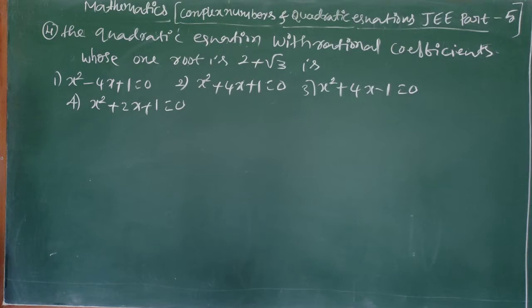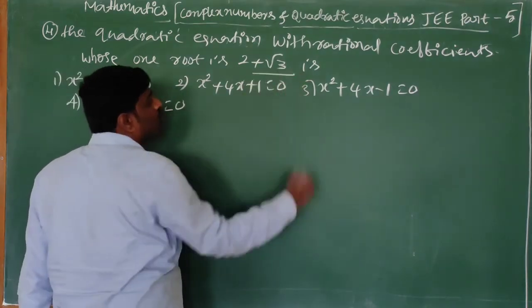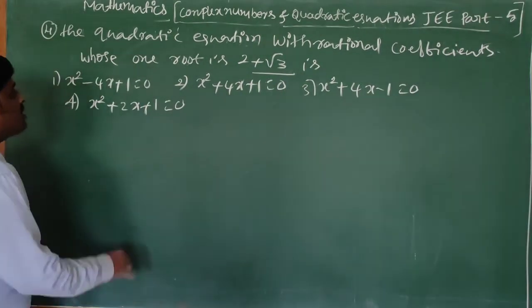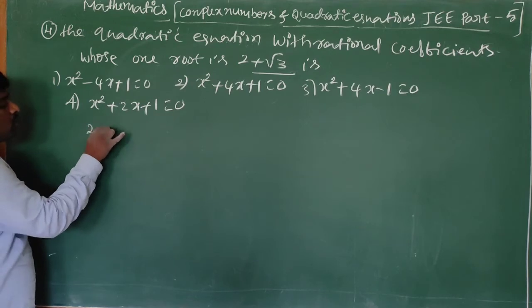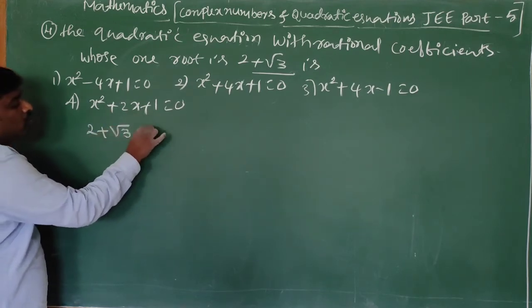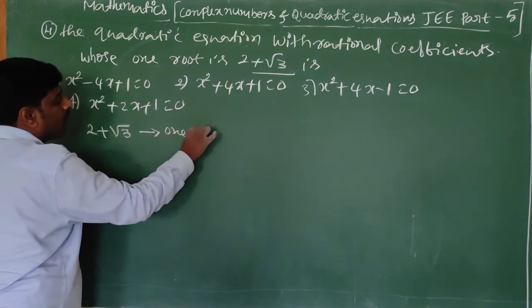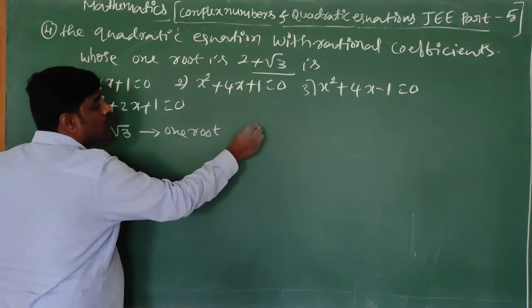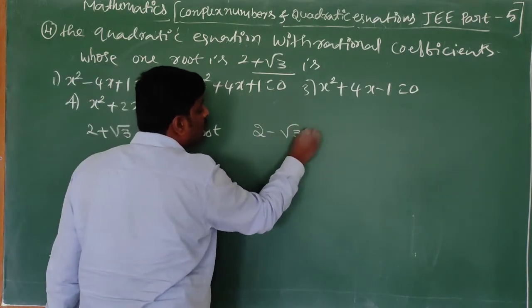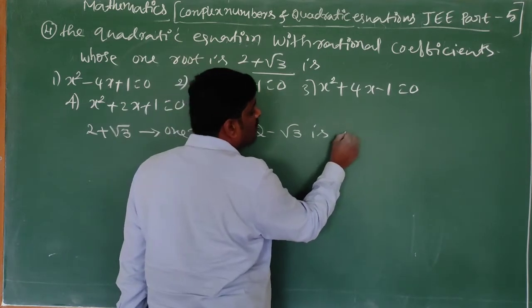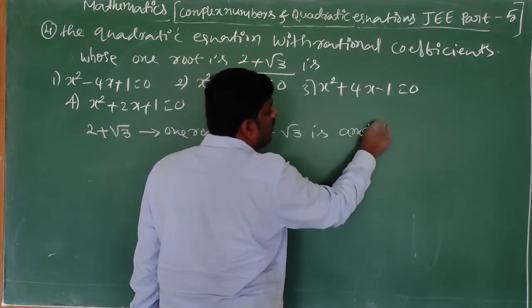Here, the quadratic equation with rational coefficients. So which is the rational? Root 3. Okay, that is, 2 plus root 3 is one root. Another root is what? 2 minus root 3. 2 minus root 3 is another root.